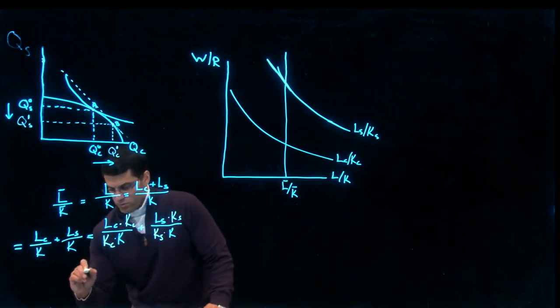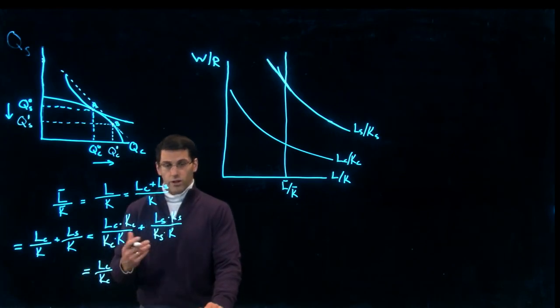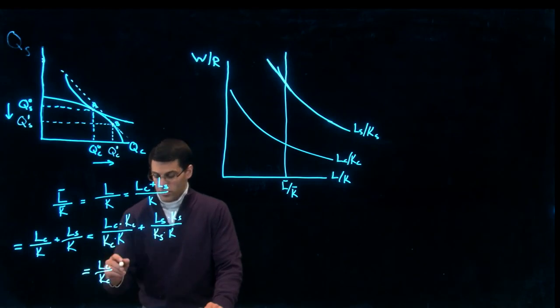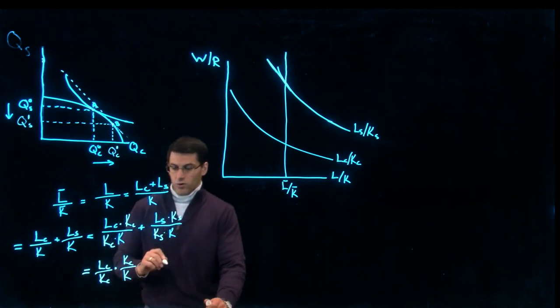And so what we actually have here is Lc over Kc, which is the relative demand for labor in computers, times Kc over K, which is what?